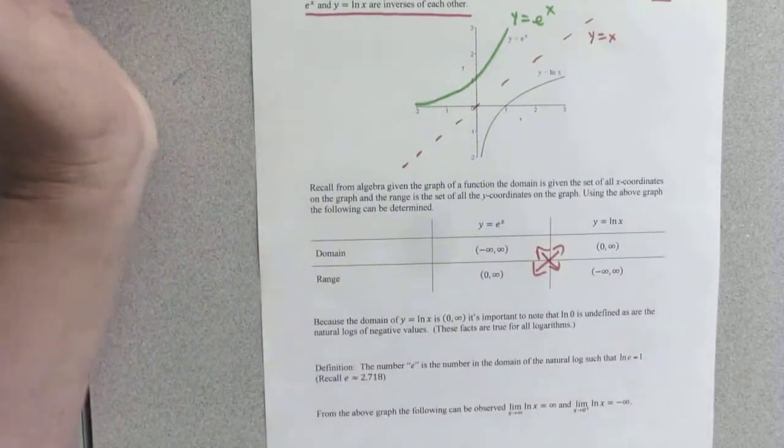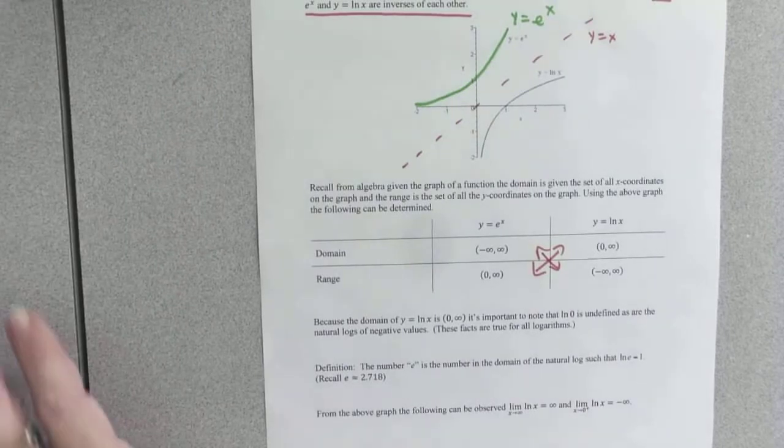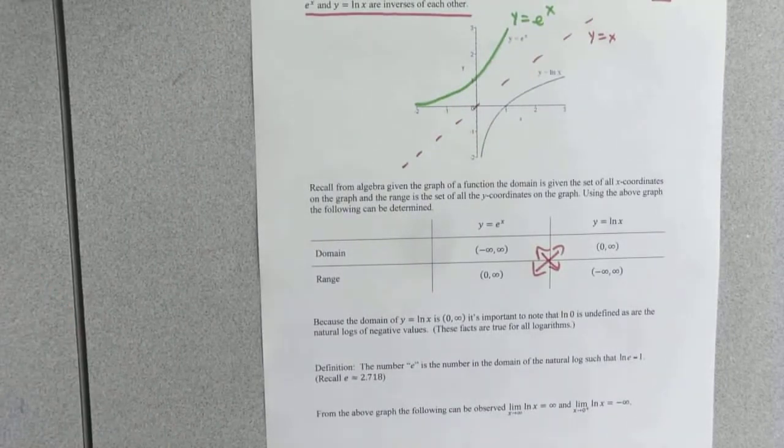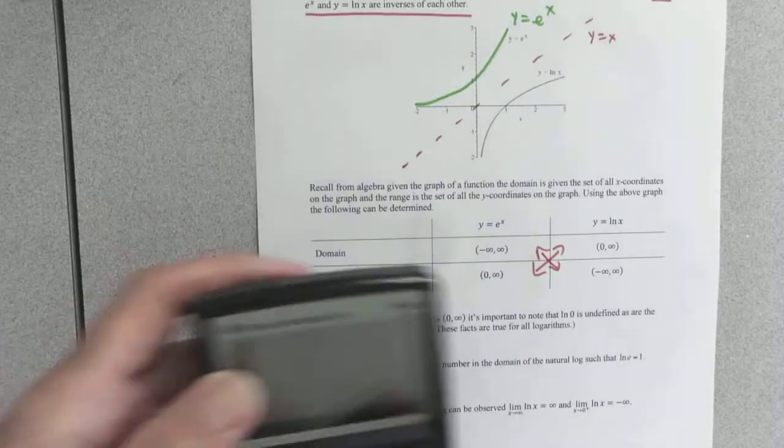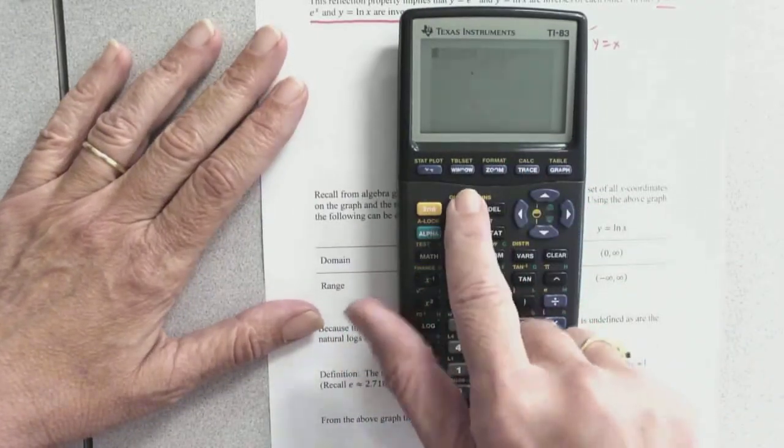Because the domain of the natural log of x is 0 to infinity, it's important to note that the natural log of 0 is undefined, as are logs of negative values. This is true for all logarithms. Now you want to make sure that your calculator is set, and we're going to hit mode here.